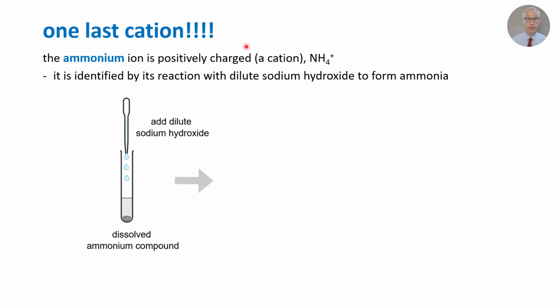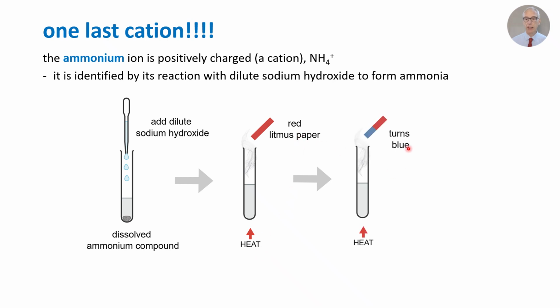There is one further positive ion, the ammonium ion, NH4+. This is popular in questions because it involves firstly a reaction. You add dilute sodium hydroxide and you warm that mixture. You hold red litmus paper to the mouth and the red litmus paper turns blue because the gas produced is ammonia.